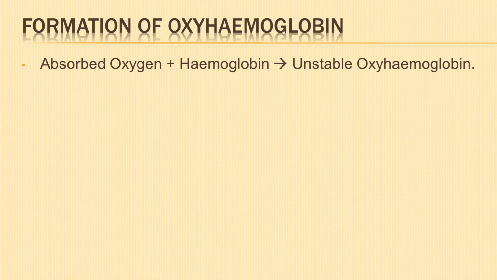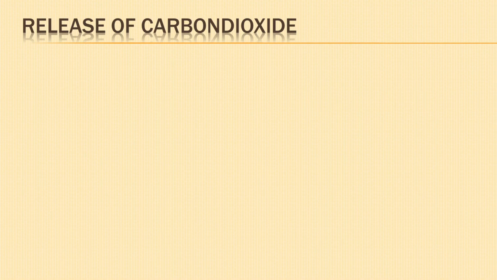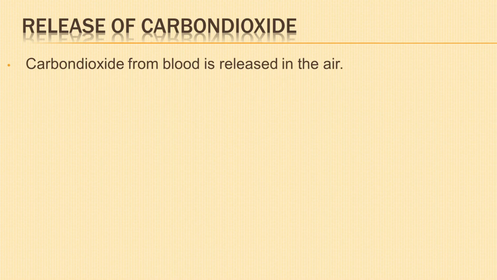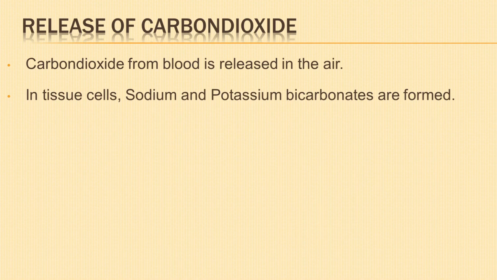Formation of oxyhemoglobin: absorbed oxygen reacts with hemoglobin to form an unstable oxyhemoglobin. Release of carbon dioxide: carbon dioxide from the blood is released in the air. In tissue cells, sodium and potassium bicarbonates are formed.